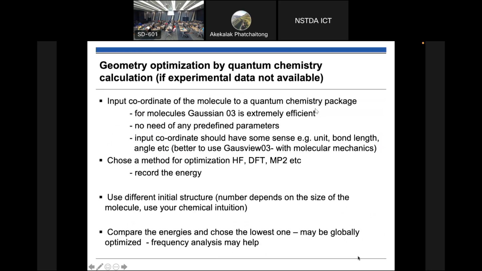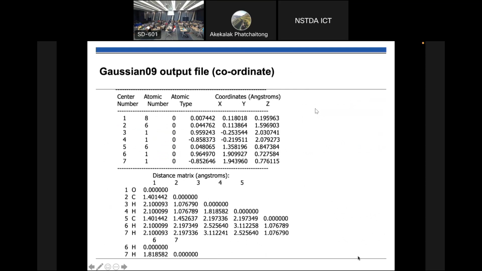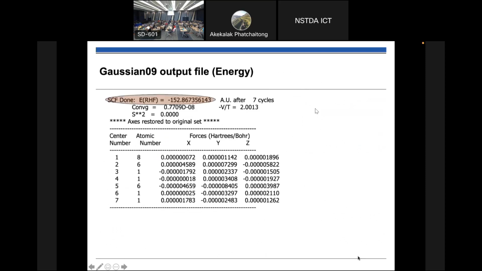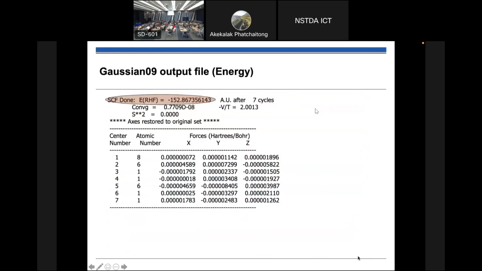Then we calculate the charges from Gaussian. Gaussian is a well-known quantum chemistry package. You can use that, or you can use an open source one called NWChem. From the Gaussian output, you get these SCF Done energies for the molecule, and you also get the charges.